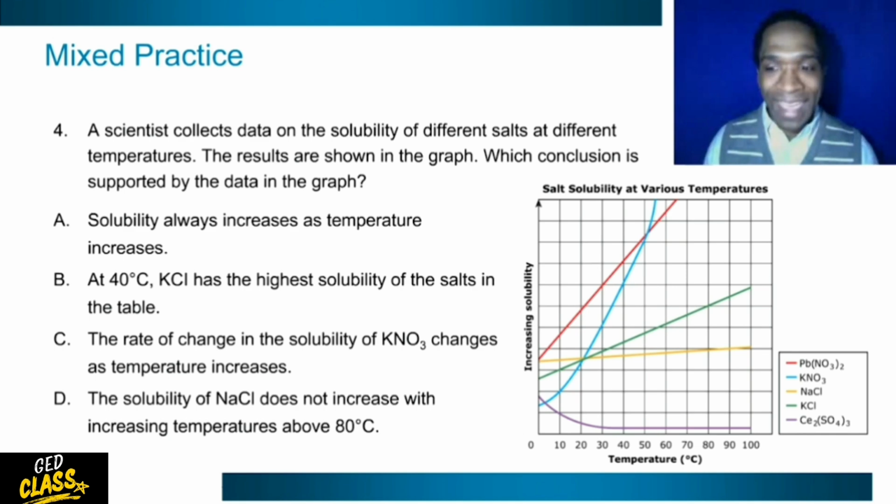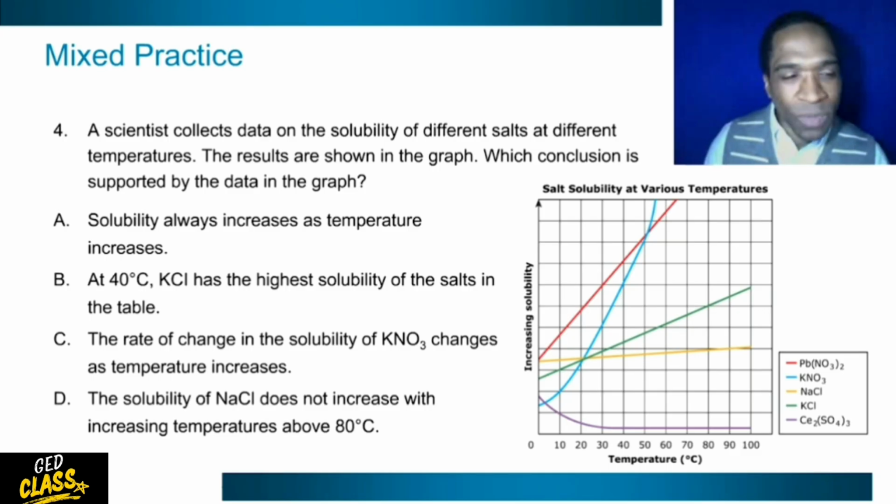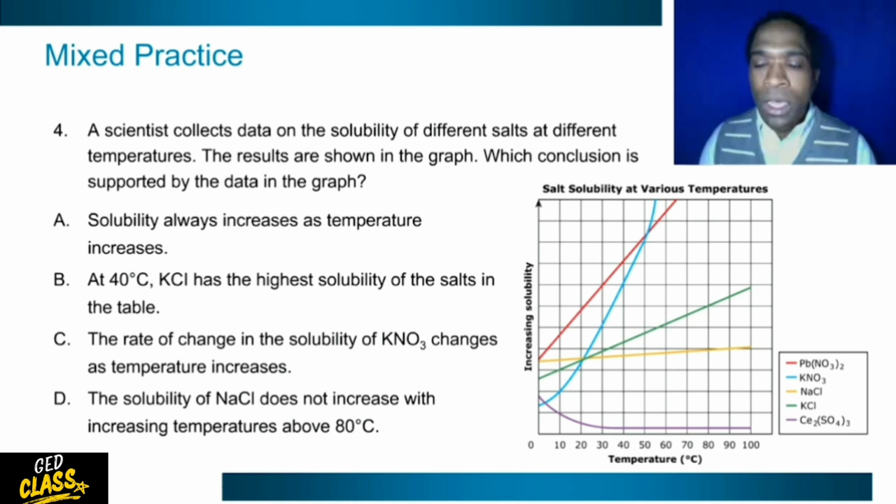Now, choice A says that solubility always increases as temperature increases. So, in other words, is that the case? That's what we have to ask. Wait a minute. If it's always increasing, that means there is no deviation from that. It must always increase, right?